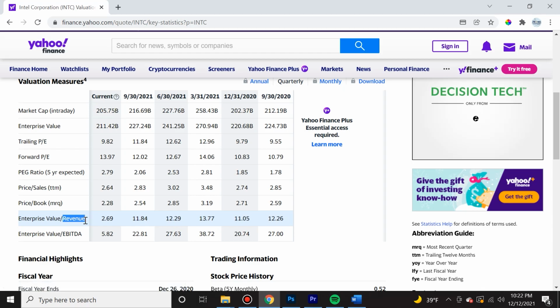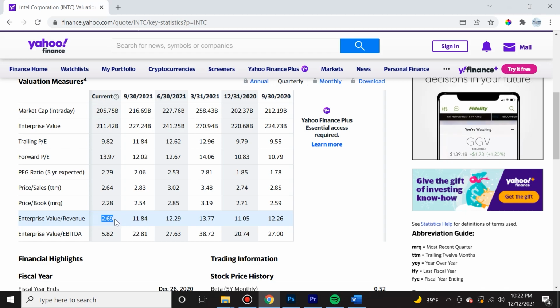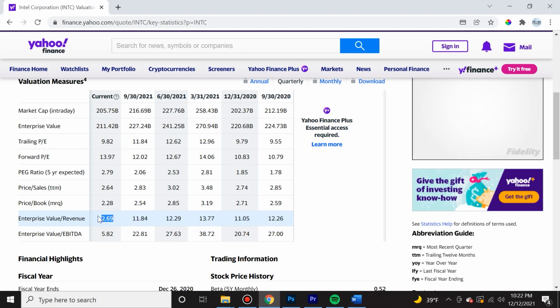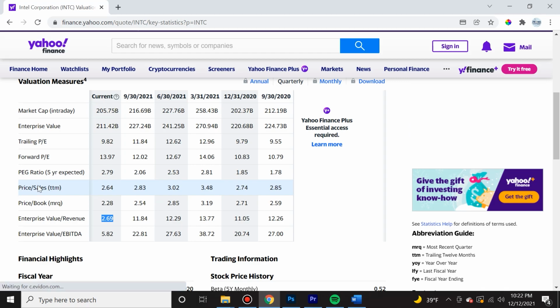People don't really focus on this too much, and there's not a lot in the literature, so I'm not going to spend a whole lot of time on it. But as you can see, Intel's right here is 2.69. And the thing about enterprise value over revenue or enterprise value over EBITDA, unlike PE, is it can be used for non-profitable companies.